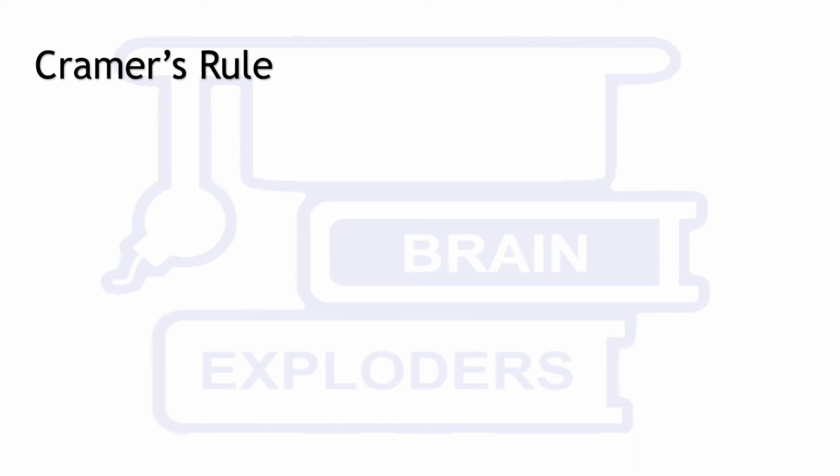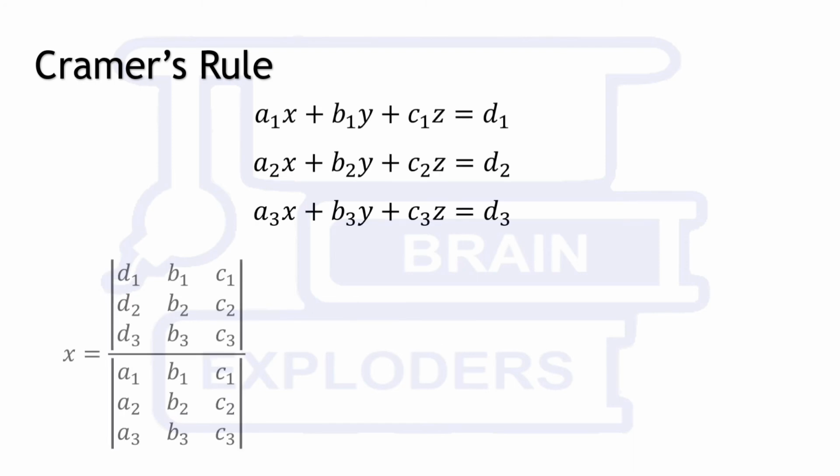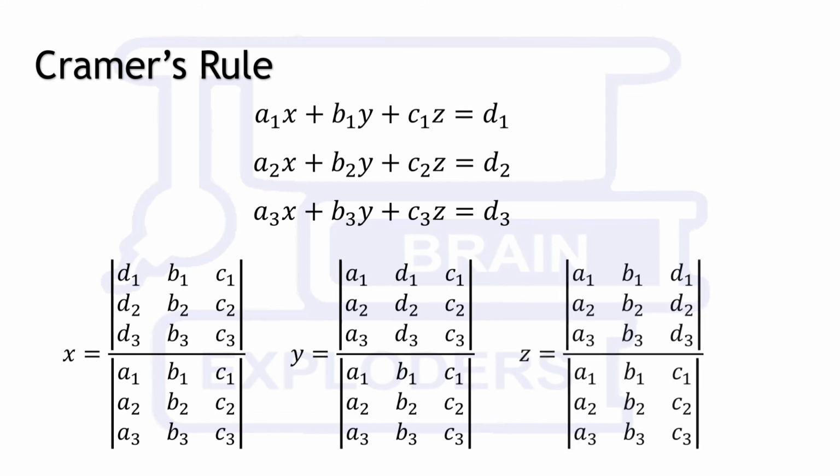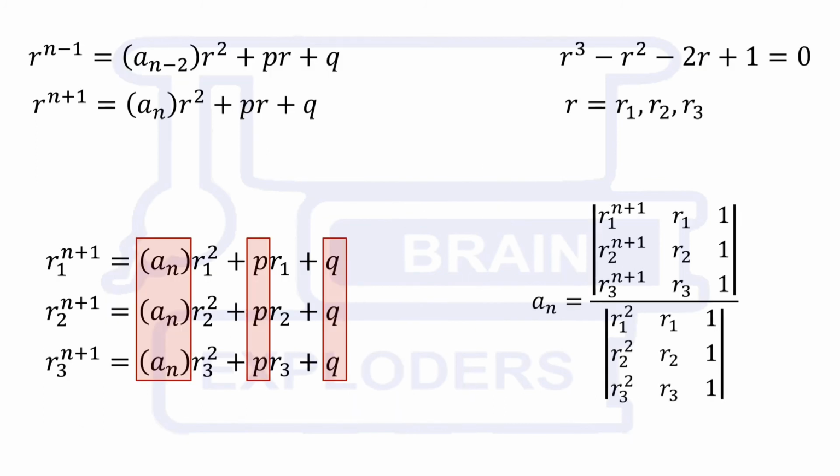For these three equations, determinants in the denominators are same and are formed using the coefficients of x, y and z, and in numerator of any variable, coefficient of that particular variable are replaced by d1, d2 and d3. So we get an equals to the ratio of two determinants as shown on the screen. This is the general formula for nth term.